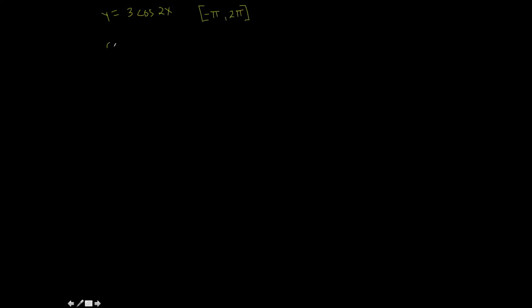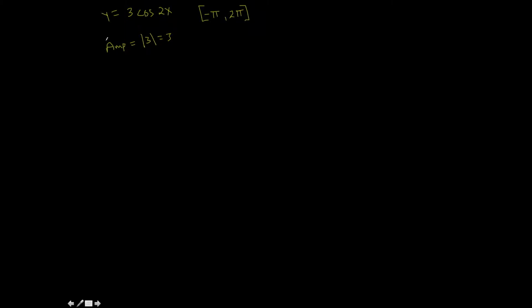Alright, so first of all, what's the amplitude? Well, the amplitude is the absolute value of 3, which is 3. So that means when you get ready to start doing this, the largest number, as of right now there are some exceptions to this rule that we'll get to when we add our k value, but the largest number here that you'll have in your graph is going to be 3 units from 0.